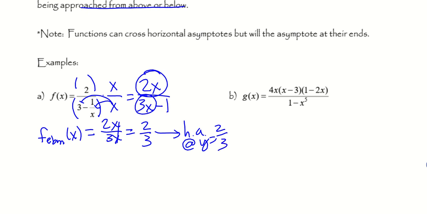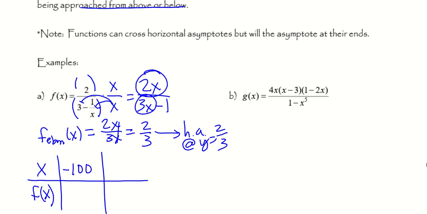So when that happens, this is what we're going to do. We're going to do a little mini xy chart. So we're going to look at x, and we're going to look at f of x. And what we want to do is look at what this function is doing compared to 2/3 at its ends. So I'm going to take a large negative value for x, negative 100, and I'm going to take a large positive value for x, positive 100.